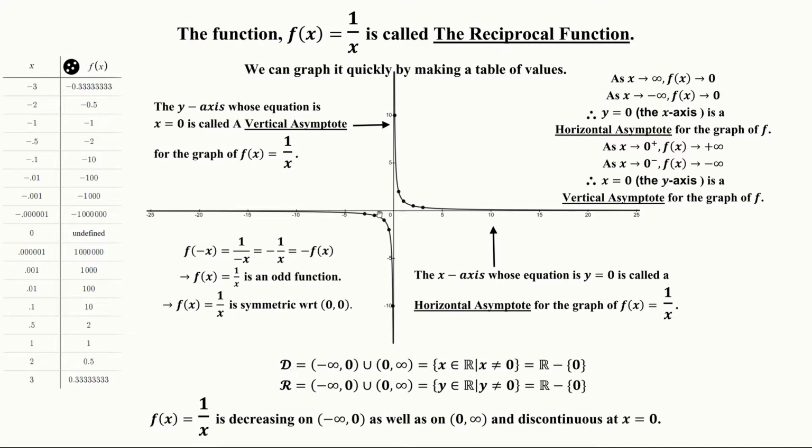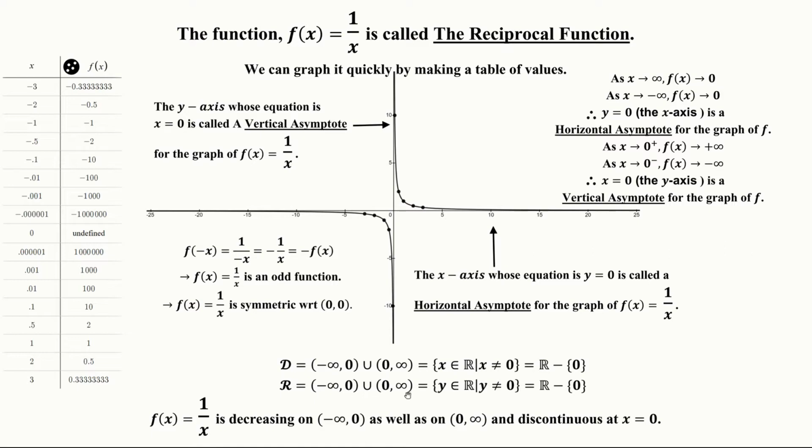The domain, of course, is going to be all real numbers except the one number that gets us in trouble, which is 0. So negative infinity to 0, union 0 to infinity, right? If you want to put it in set builder notation, it'll be all x belonging to the set of real numbers such that x does not equal 0.